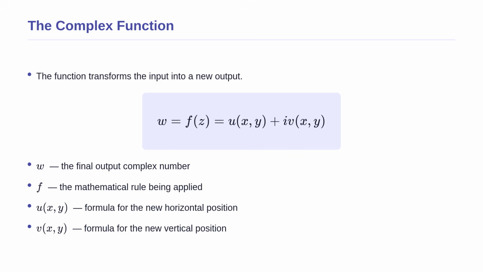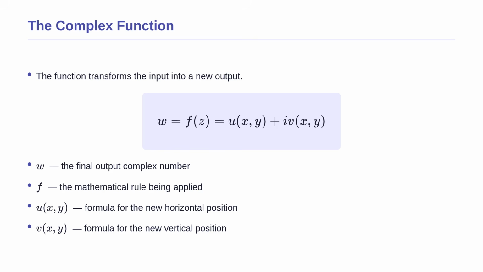This brings us to the function itself. When we apply a mathematical rule, denoted by f, to our input z, we get a new output called w. Because the output is also a complex number, it must have its own real and imaginary parts. We call the real part of the output u and the imaginary part v.